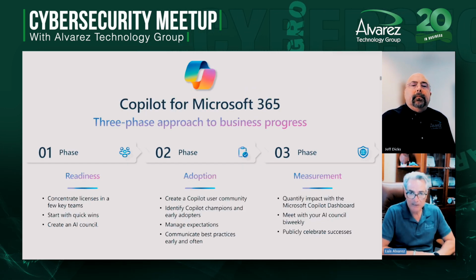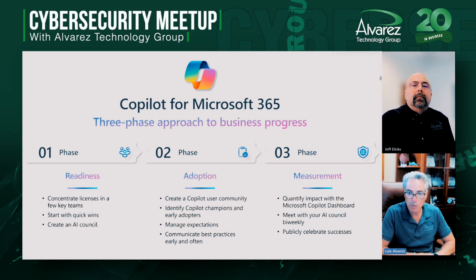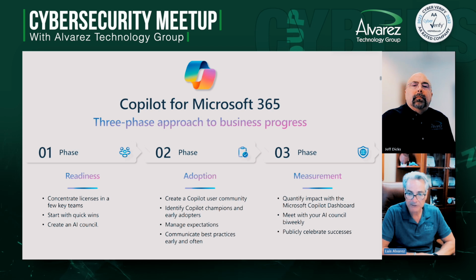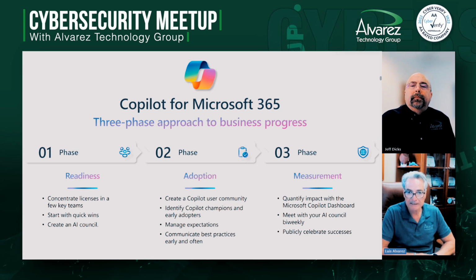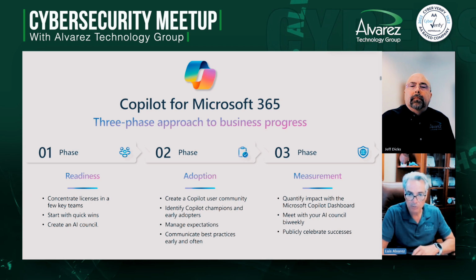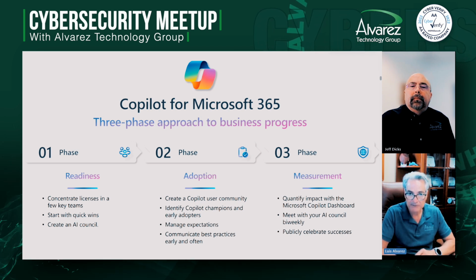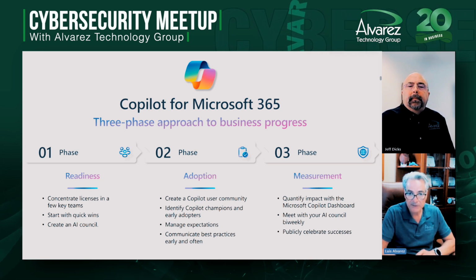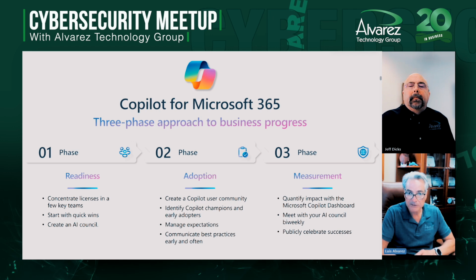Microsoft has decided to help people who are interested in starting and deploying Copilot for Microsoft 365, and they've come up with a phased approach. Phase 1, readiness. Phase 2, adoption. And then phase 3, measurement.